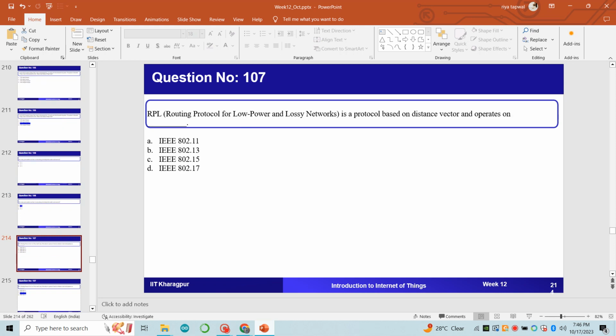Next question is, RPL is a protocol based on distance vector and operates on, options are IEEE 802.11, IEEE 802.13, 802.15, 802.17.